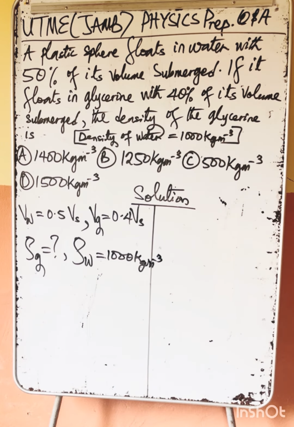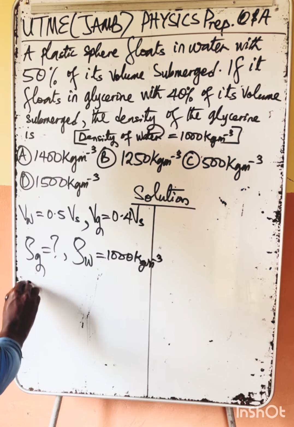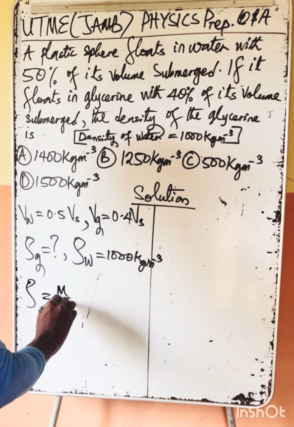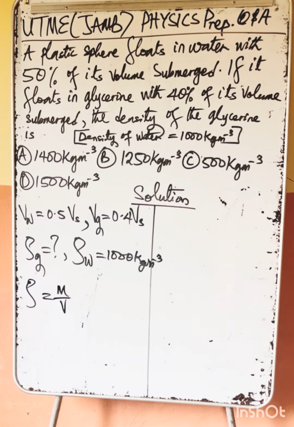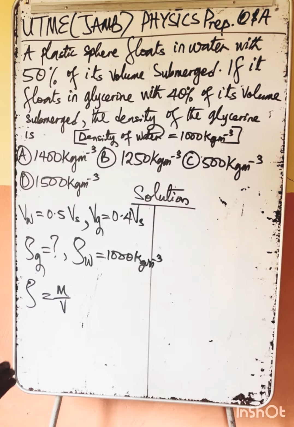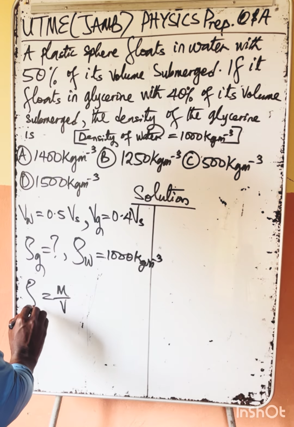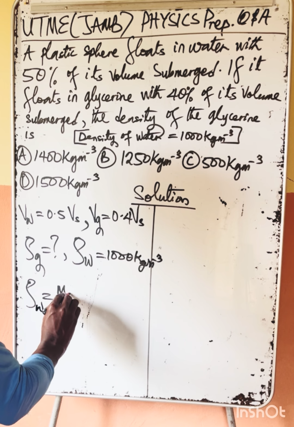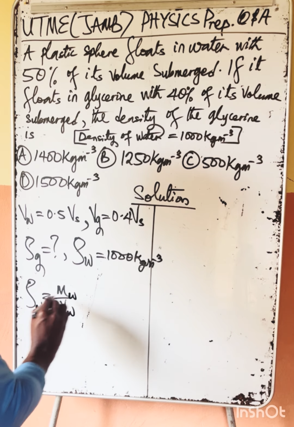All right, so let's go by first getting, we know that density rho is equal to mass over volume, okay? And if this is the case, we can get the mass of water because we have the density of water. We also have the volume of the sphere in water. So let's go. So here, this is for water. Let's say rho w, Mw, Vw, right?